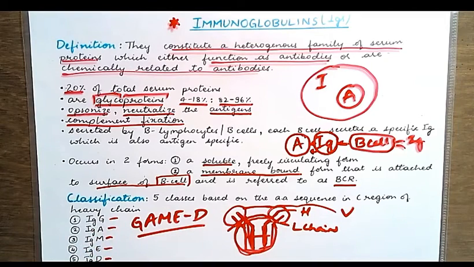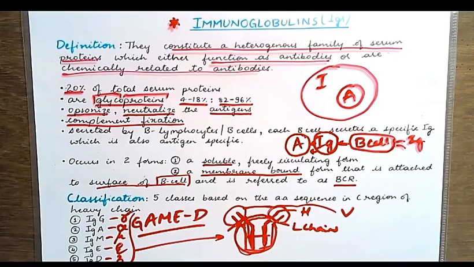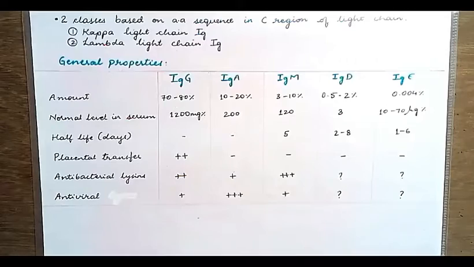Why these are named so is because these immunoglobulins contain gamma chain, this has alpha, this has mu, this has epsilon, and this has delta chain. So based on these, they are classified into IgG, IgA, IgM, IgE and IgD.